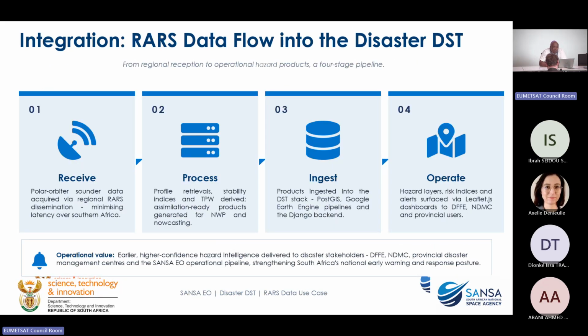So this is the ingestion process of the data: the way it is intended to be received, then processed, ingested, and then the hazard layers, risk indices, surfaced by dashboards. That is now beyond my scope of work, but this is how they intend to use the data.